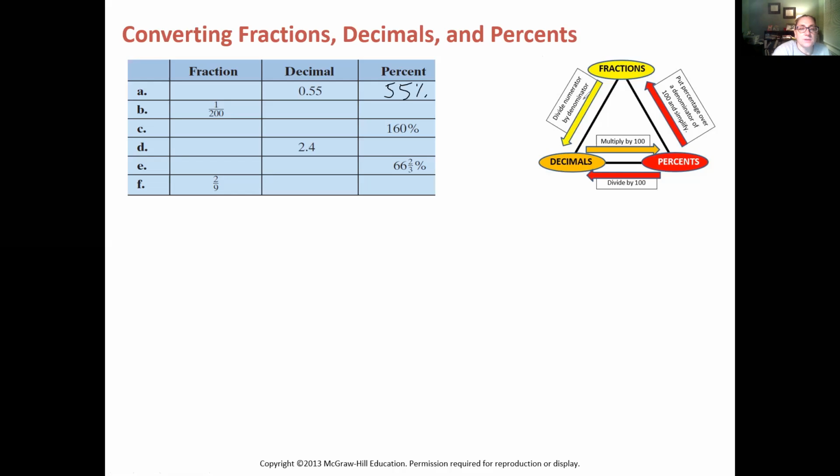And the fraction is also going to be easy. It's 55 hundredths. So it's going to be 55 over 100, which reduces to 11 over 20.